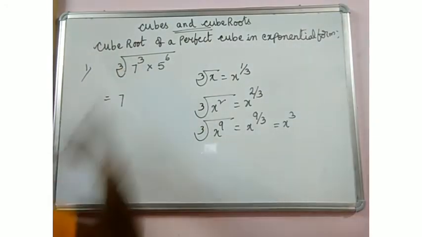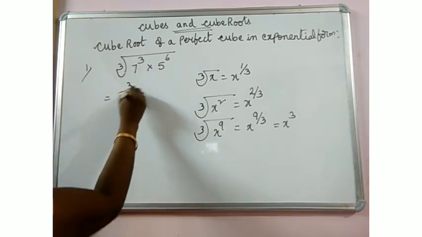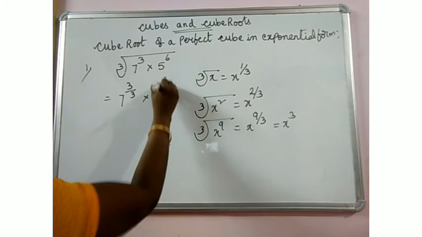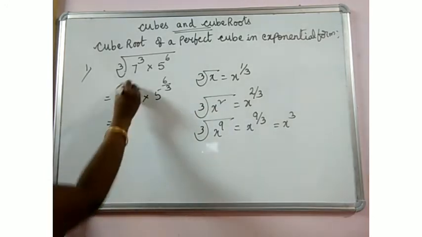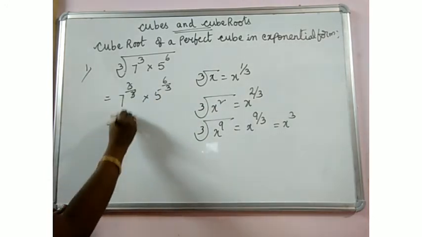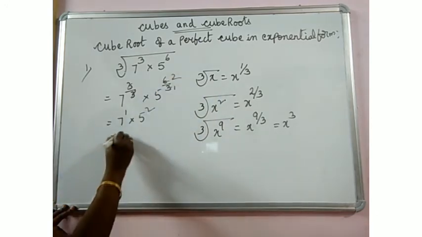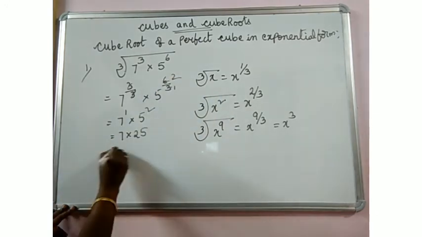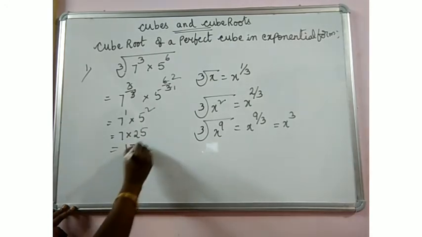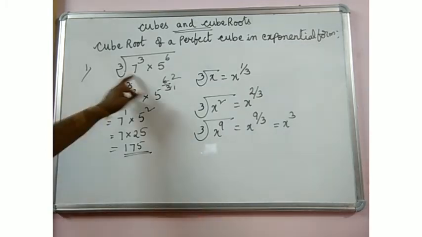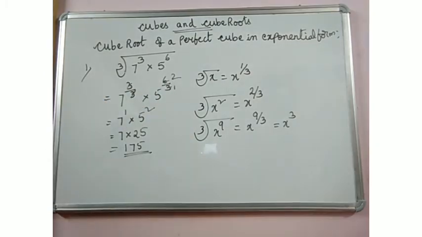So cube root of 7 cube means 7 to the power 3 by 3. Cube root of 5 to the power 6 is 5 to the power 6 by 3. So 3 will be cancelled, 7 to the power 1. Here 6 by 3 is 2, so 5 square. That is 7 into 25. 25 7s are 175. So this formula can be used to find the cube root of a perfect cube which is in exponential form.